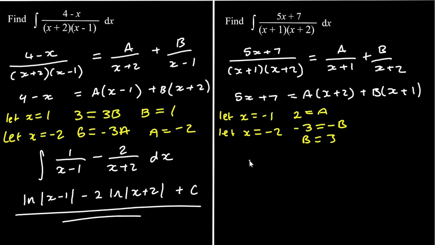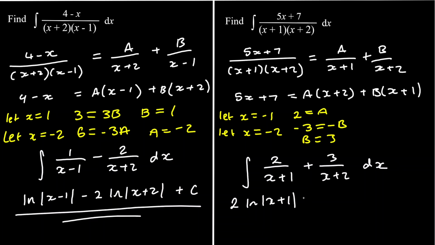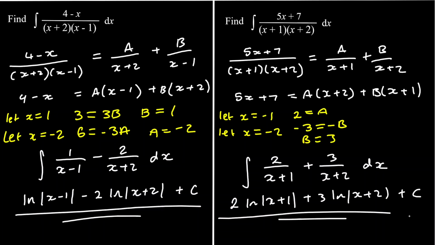So we are going to be integrating 2 over x plus 1 plus 3 over x plus 2 with respect to x. So that would integrate to give 2 log x plus 1 plus 3 log x plus 2 plus a constant.